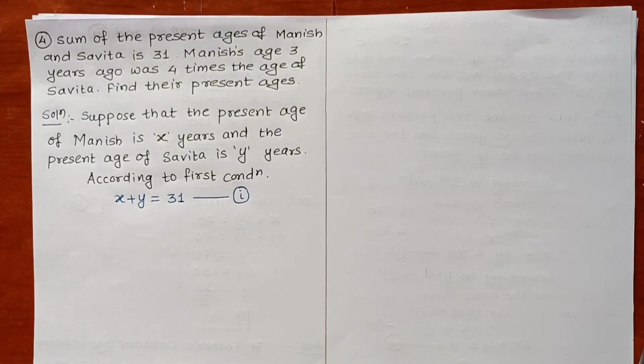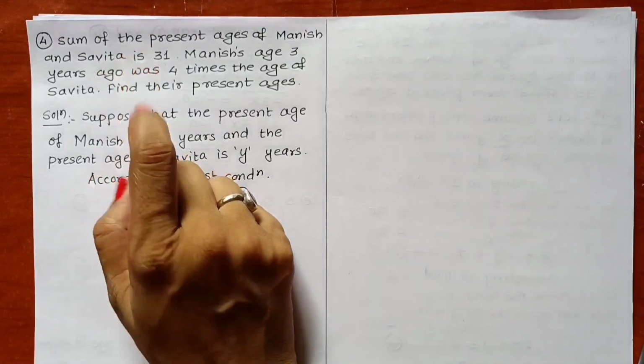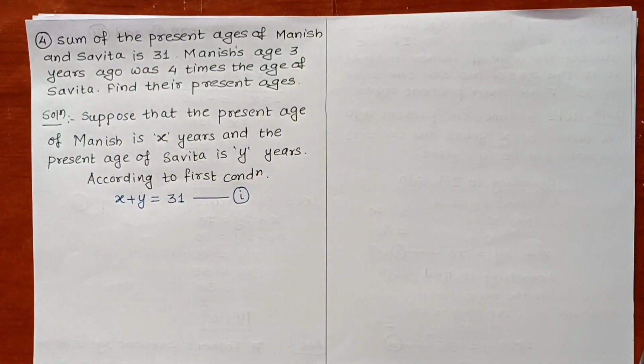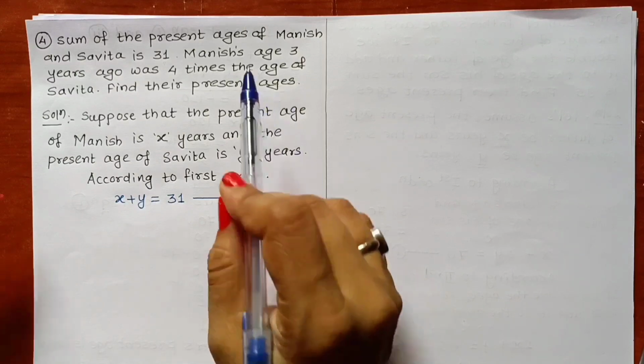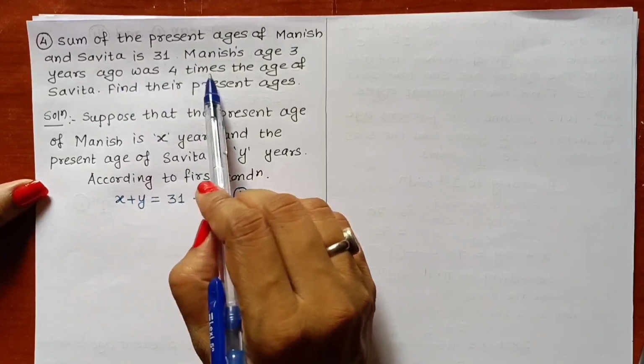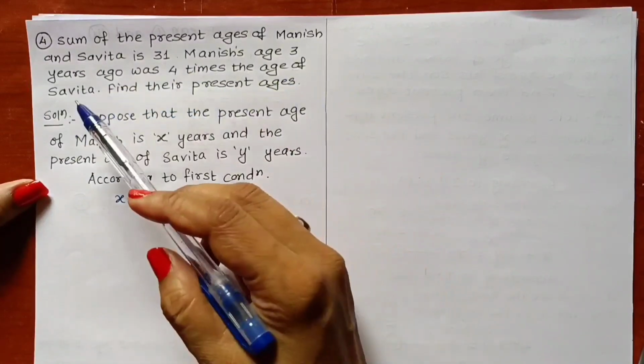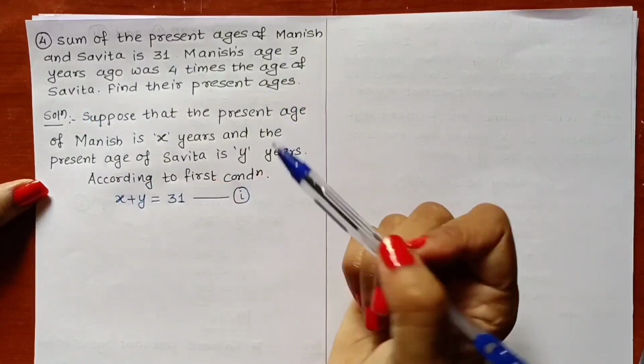Now let us see the second condition. The second condition is Manish's age 3 years ago. That means we will have to find his age 3 years ago first, and then we can form the equation. First we will have to find Manish's age 3 years ago. It was 4 times the age of Savita at that time, 3 years ago. That means we will have to find Savita's age 3 years ago.